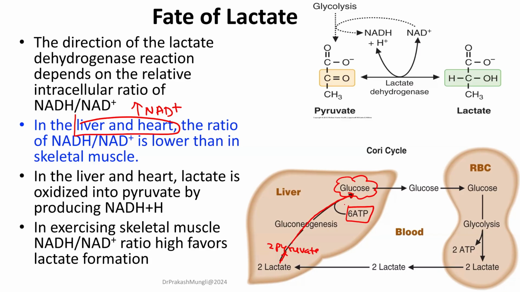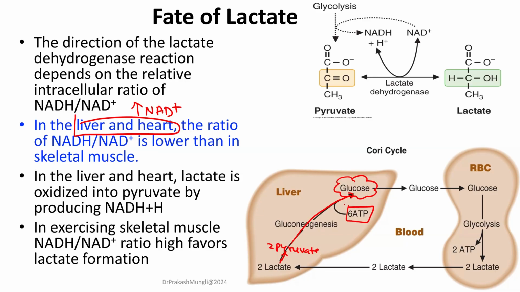And that little cycle here is called the Cori cycle. Remember the name Cori. Cori cycle is just lactate converting back into glucose and getting into blood. This process of conversion of lactate into glucose is called gluconeogenesis, and you need 6 ATPs for that. We will study that later.